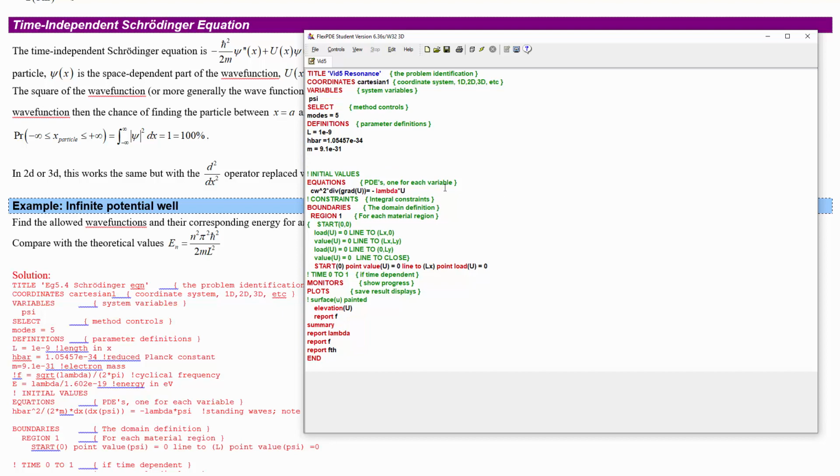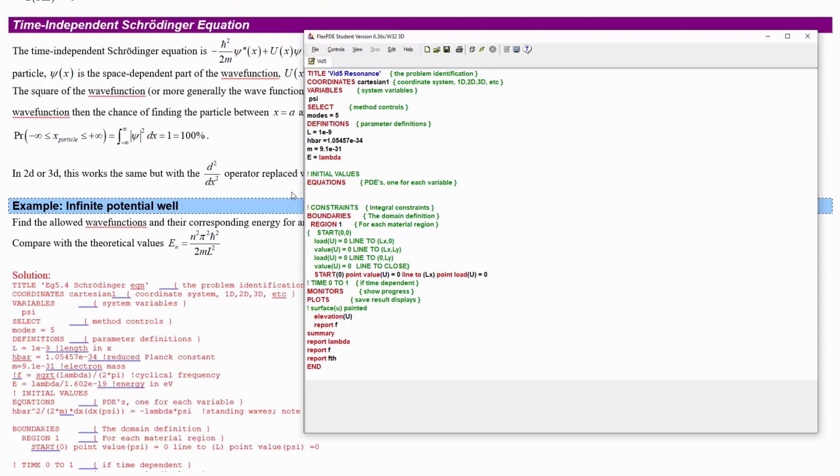If you don't know that offhand, you could just Google that. Google would be upset. Oh, sorry, this is going on YouTube. You should search on Google for that. M is 9.1 e minus 31. Yeah, and then E is lambda, right? E is going to be the wave function that we're going to solve here. That's the energy.